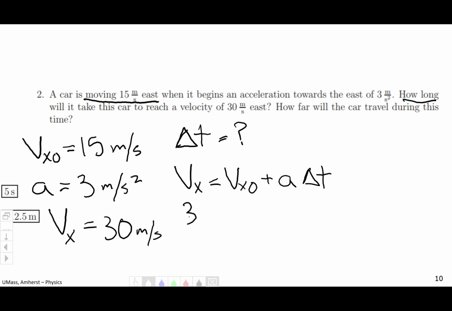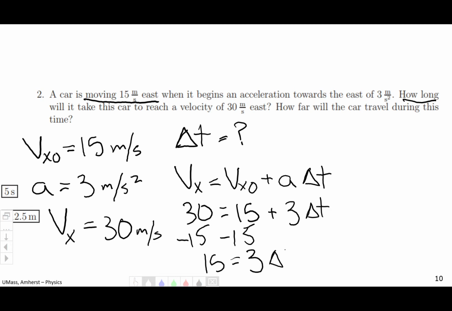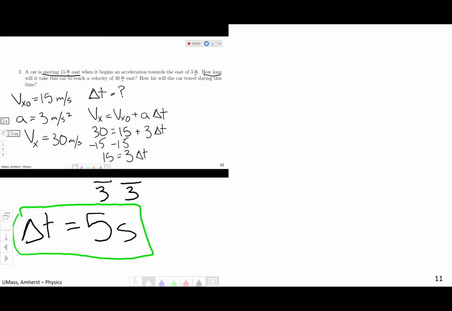So our Vx is 30, our Vx0 is 15, our acceleration is 3, and then delta t. Subtract 15, and you end up with 15 equals 3 delta t. Divide by 3 on both sides. You get a time of 5 seconds. There's your answer for the first part.